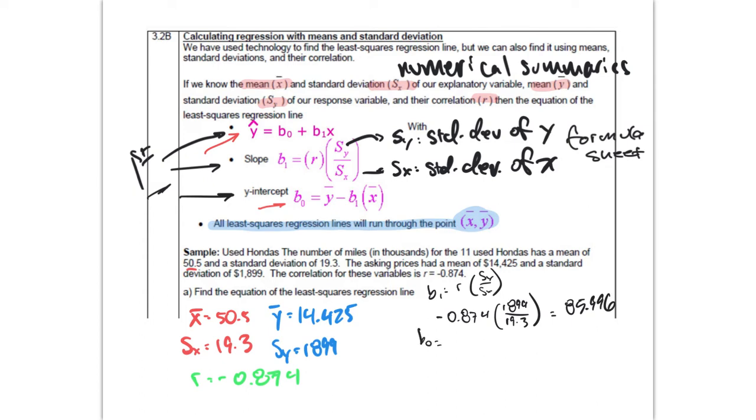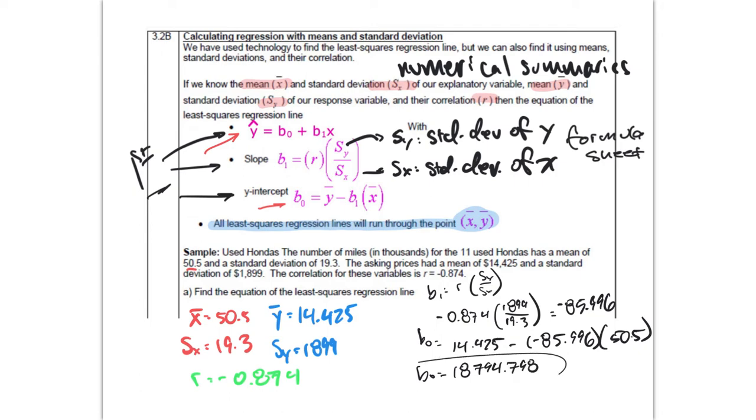b naught equals our y bar, 14.425, minus our slope, that's a negative number, negative 85.996, times x bar, which is 50.5, and b naught equals 18,794.798.